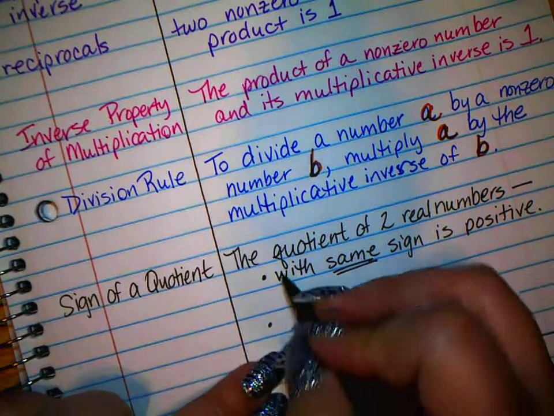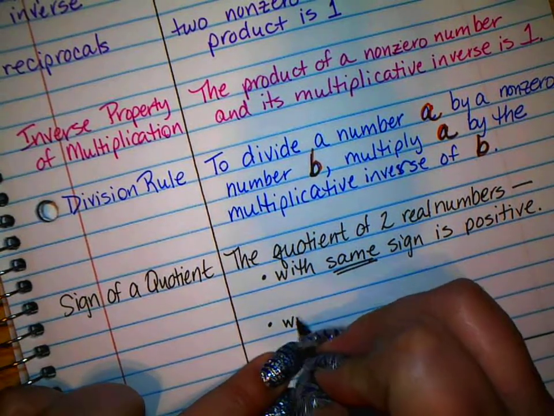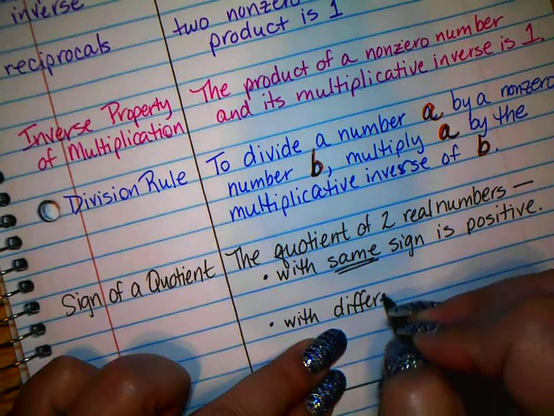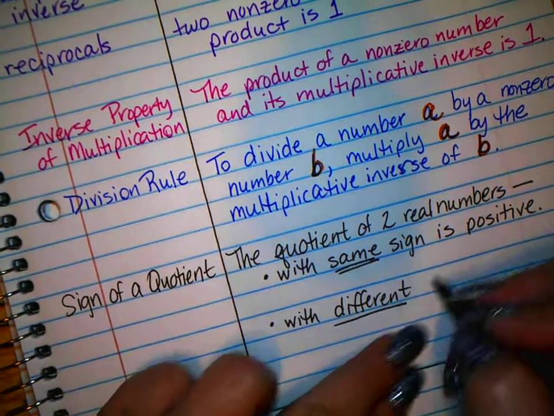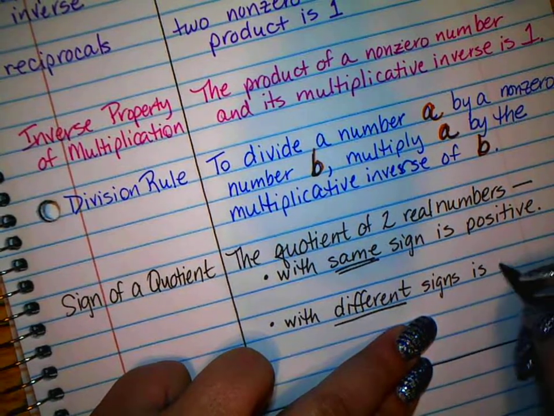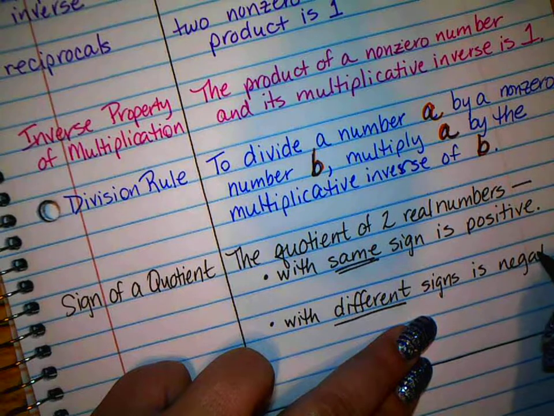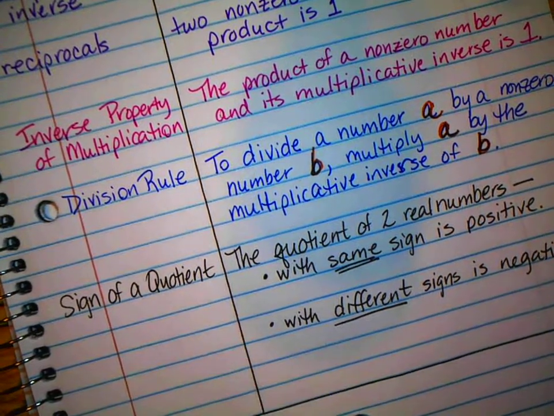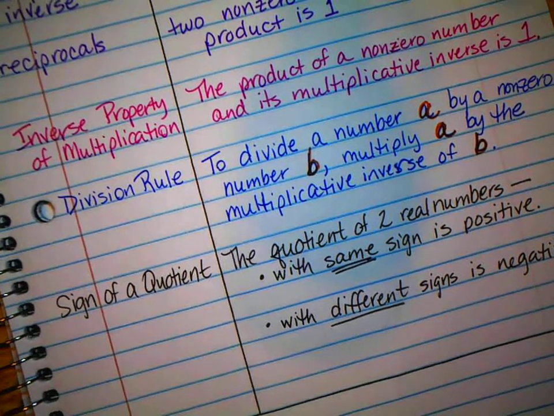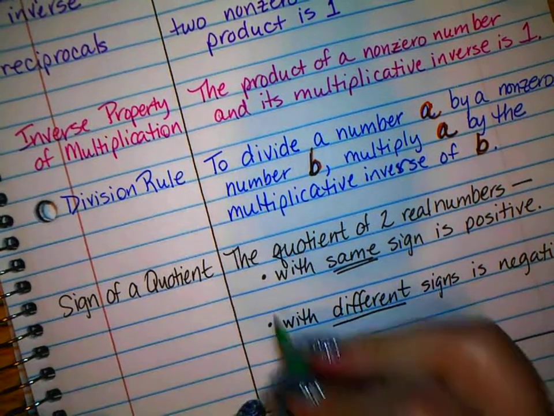If you have two real numbers with different signs, the quotient is negative. So same sign is positive, different sign is negative. Very similar to multiplication.